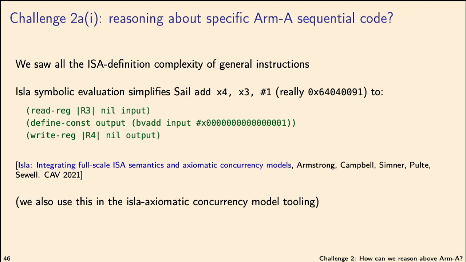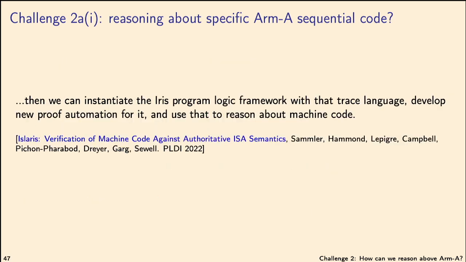Right? So we get rid of a lot of that static complexity with this symbolic execution. And then you can take those traces and feed them into Iris. Well, really, you can instantiate Iris with the language of those traces and make some proof automation above it and actually reason about machine code. Win. And even machine code that does some systems-y things, but in the sequential world.